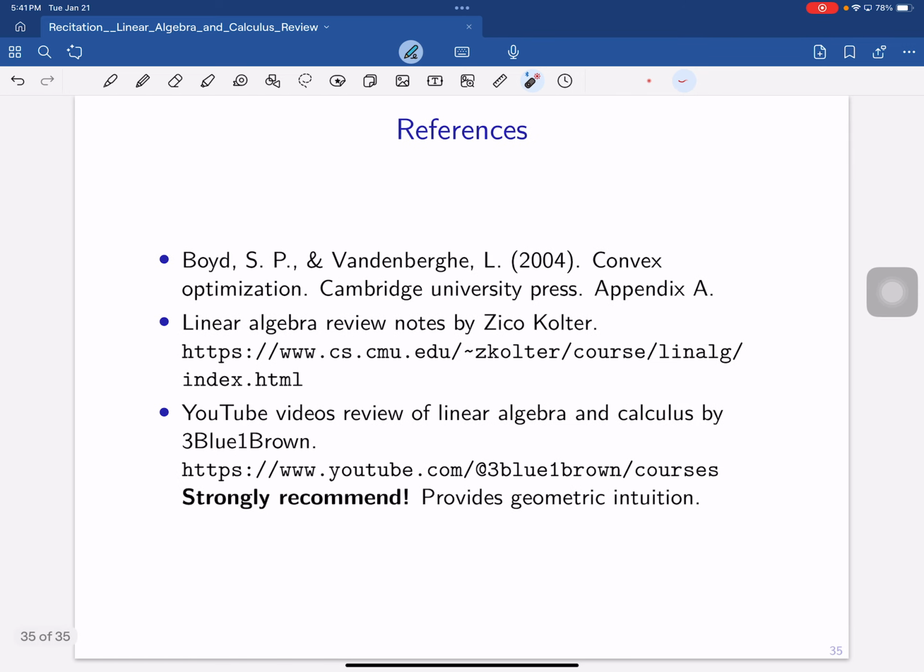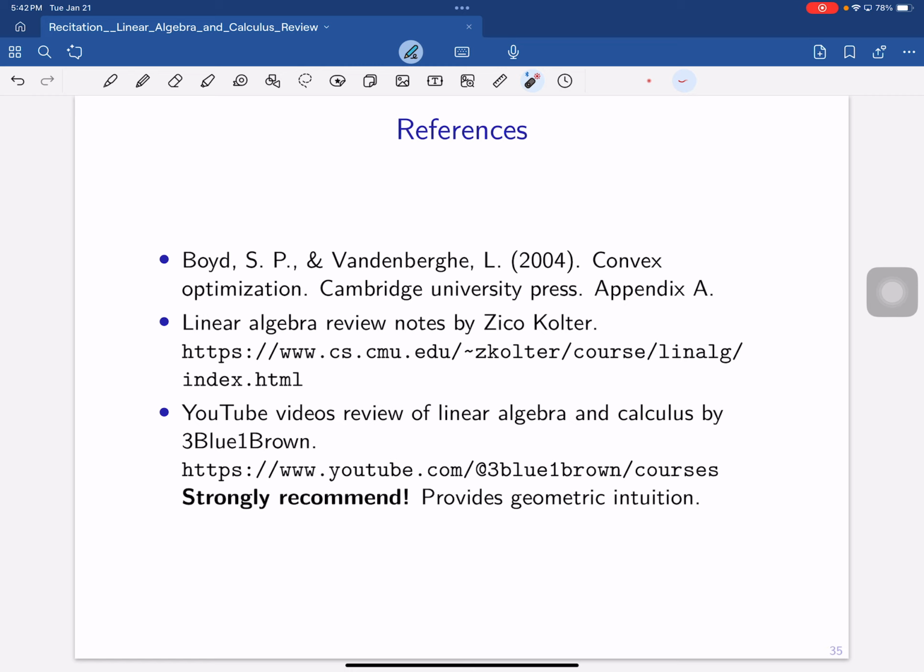So what about references? If you want to know a little bit more, I will recommend three references. The first one is a classic convex optimization book. In the appendix of the book, they give you reviews of linear algebra and calculus. And then there is a nice linear algebra review by Zico Kolter.